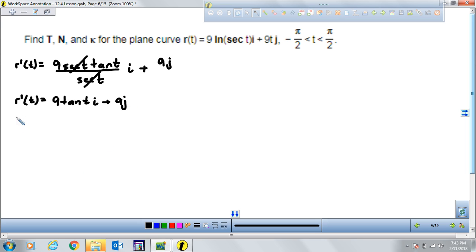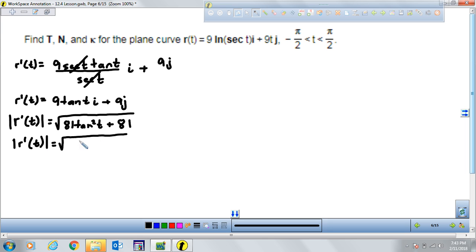Now, to find the magnitude, we take the square root of the sum of the squares of the components. So the square of 9 tangent of t would be 81 tangent squared of t, plus the square of 9, which is 81. There's a few things we can do here. The only thing we can reduce is that we can factor out the 81, and we're left with tangent squared of t plus 1.